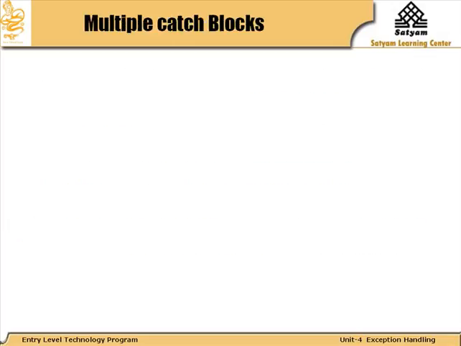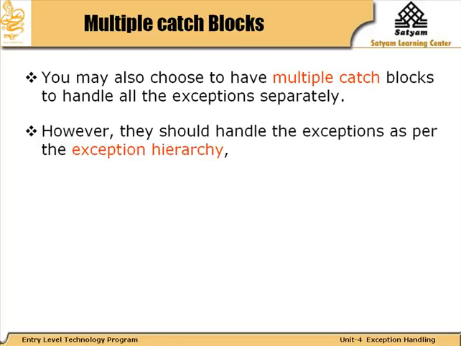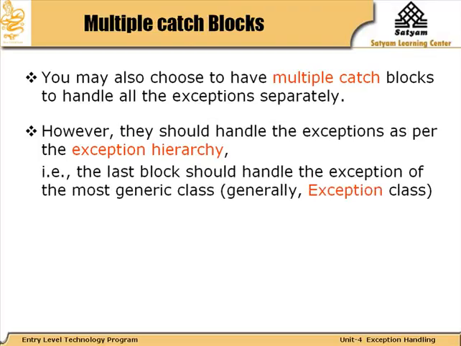Multiple catch blocks. You may also choose to have multiple catch blocks to handle all exceptions separately. However, they should handle the exceptions as per the exception hierarchy. That is, the last block should handle the exception of the most generic class, generally the Exception class.